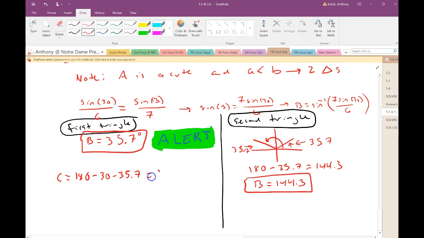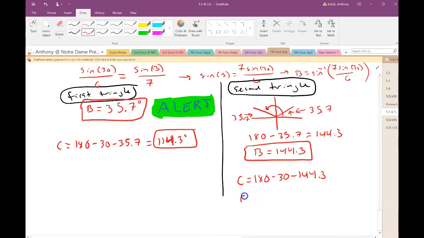That gives me 114.3 degrees. And here, C is 180 minus 30 minus 144.3. So I have 5.7 degrees.